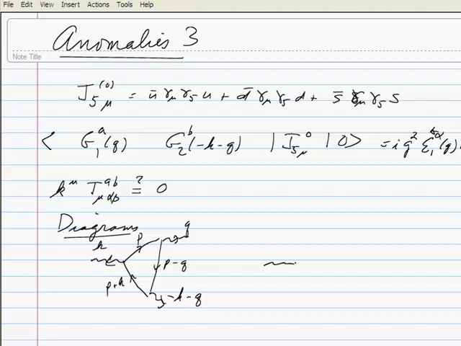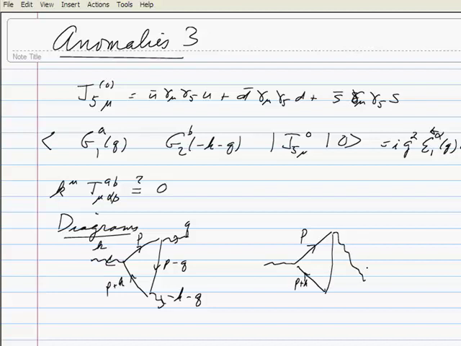Okay, the other diagram, let's draw it. It's actually the safest to use the same momentum routing here, P plus K. And one of the issues, of course, is going to be how we choose the momentum.